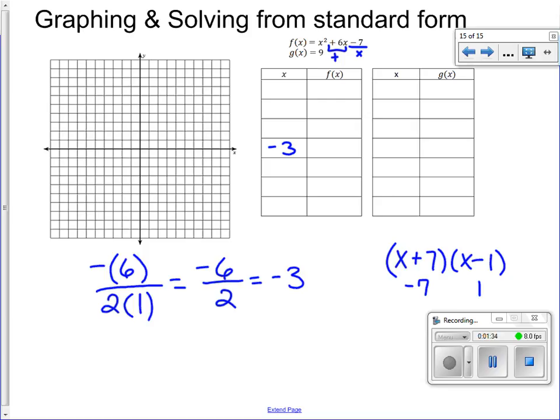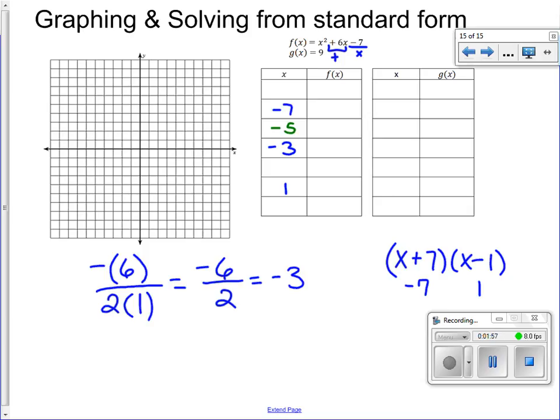So what I could do is maybe put a negative 7 here, put a positive 1 there. All right. So at that point, you always want to try to pick something that's in between. So I'll probably make this negative 5. That's 2 away from my vertex.